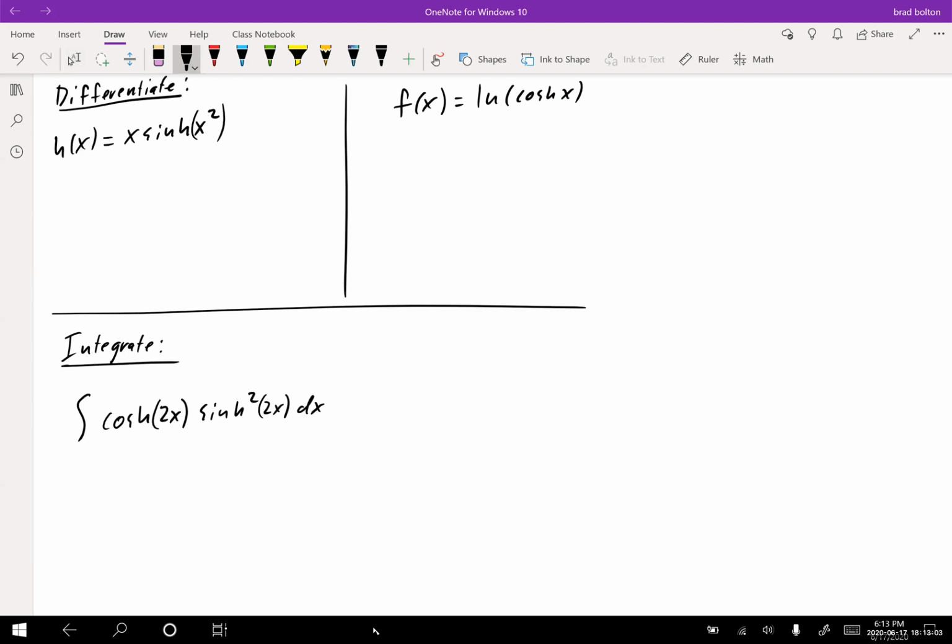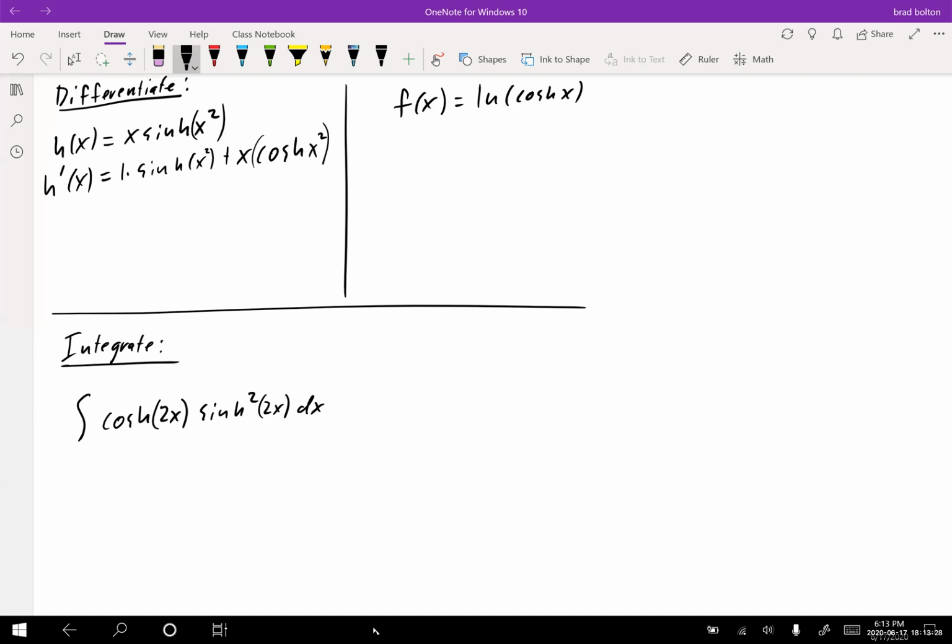So h prime of x is equal to, now I've got to do the product rule just like before. So this will be 1 times hyperbolic sine of x squared plus x times the derivative of hyperbolic sine, which we know is cosh of x squared. But then I've got to attach the chain rule, right?